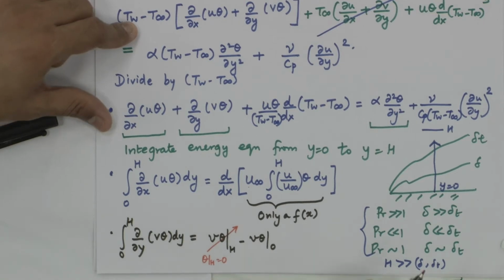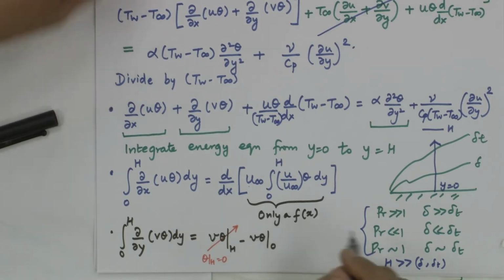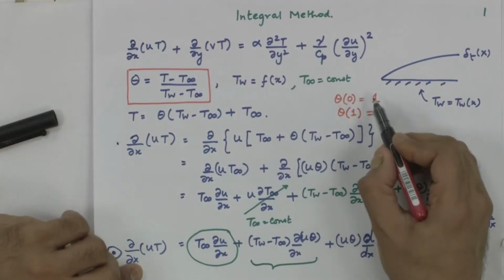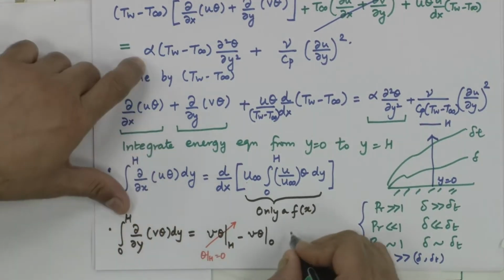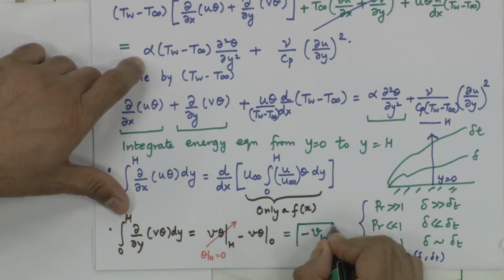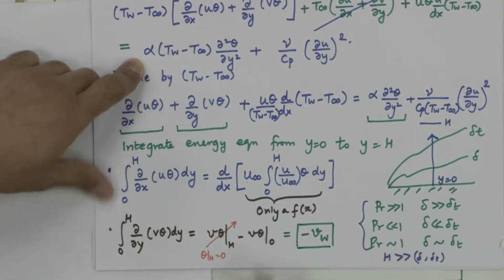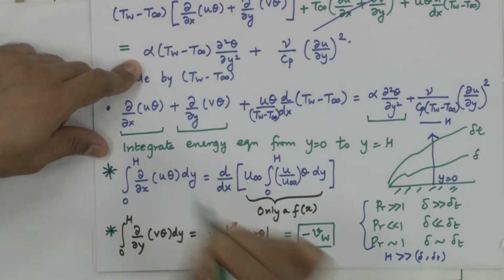Therefore, this term will cancel off and we are left with minus v theta evaluated at 0. Theta evaluated at 0 is 1. So, we are left with minus v at the wall, which is nothing but the suction or blowing velocity, Vw.